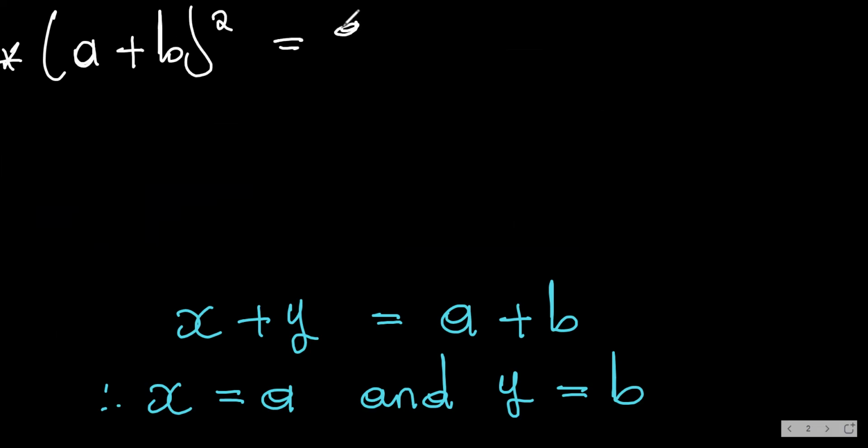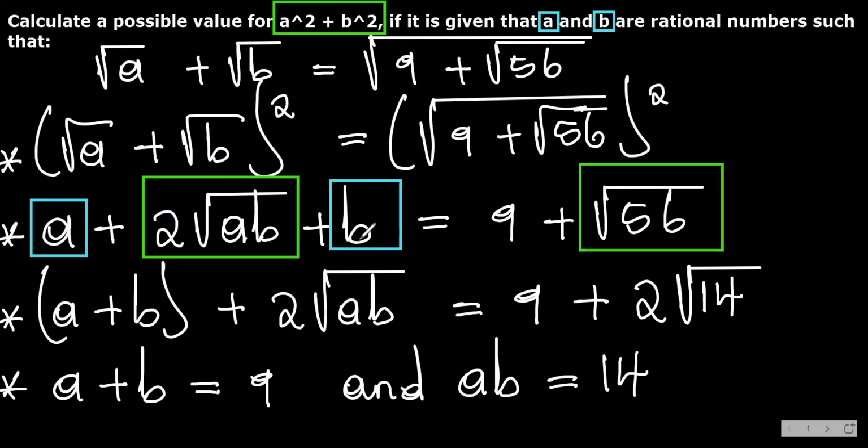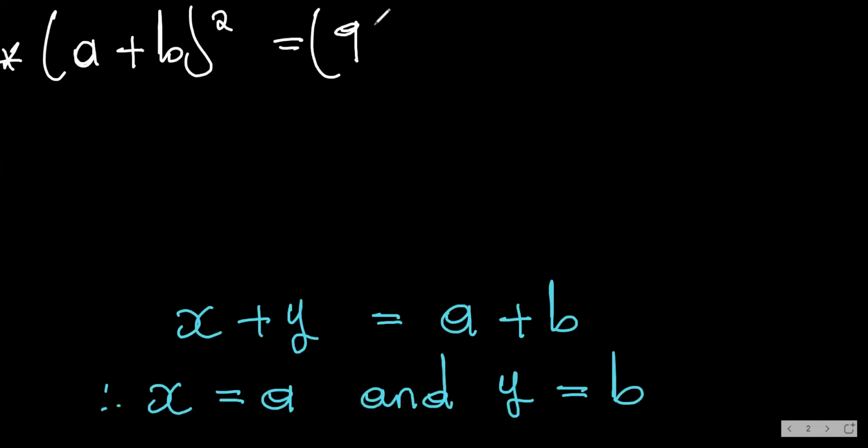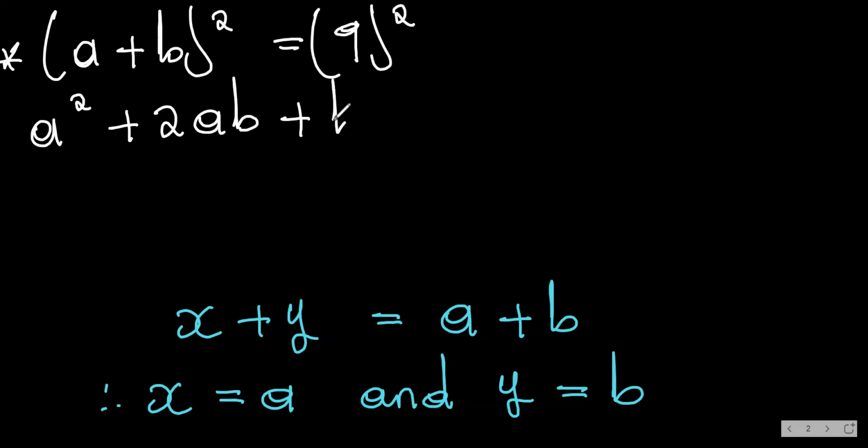A plus B squared will be equal to 9. Oh, I need to square the 9 as well. So this is our 9 being squared. When we use the FOIL method and expand this, we just get A squared plus 2AB plus B squared, and this will be equal to 81.